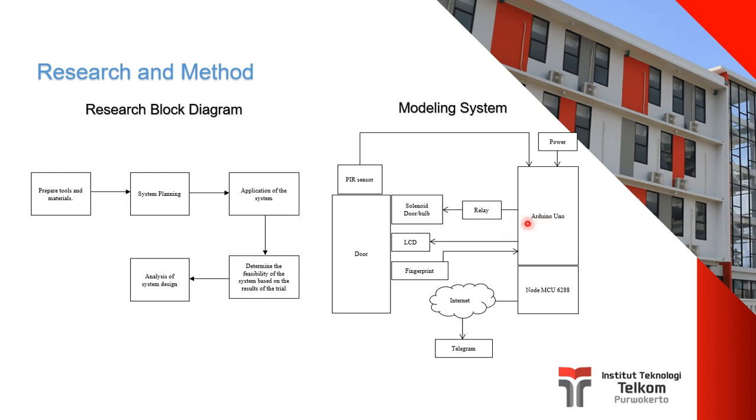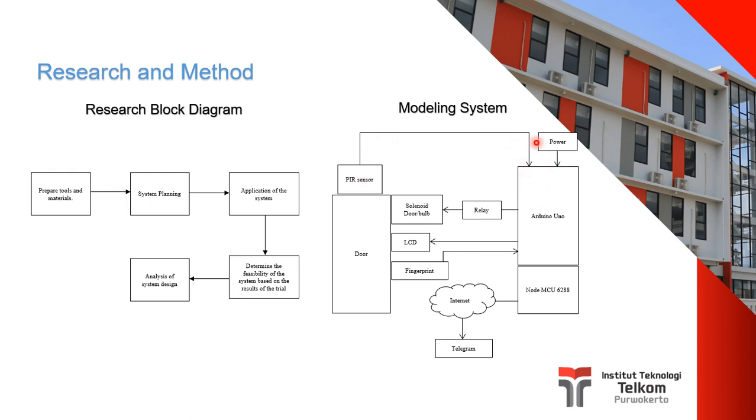The components we can see here, Arduino Uno has several outputs and inputs. The first input is a PIR sensor or motion detector. The information will be sent to Arduino Uno.